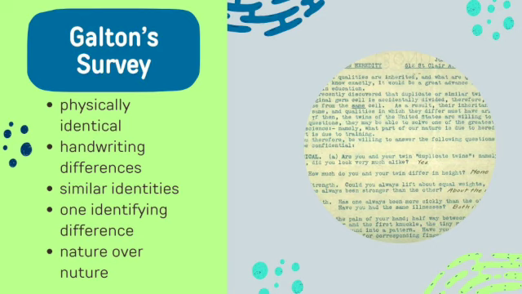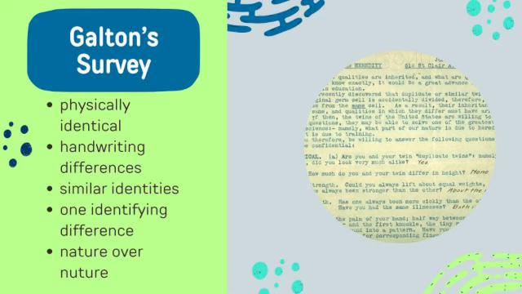He also determined that these twins had similar identities and personalities, and even when almost everything was completely similar, there was always one identifying difference between them, and he found that the mother in particular of the twins was usually able to identify them and tell them apart from one another.